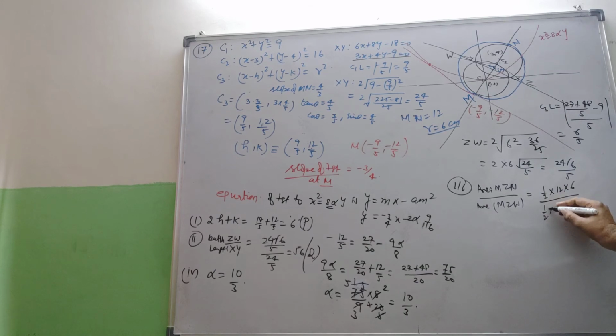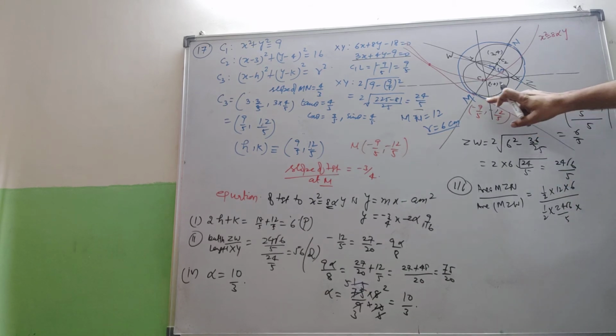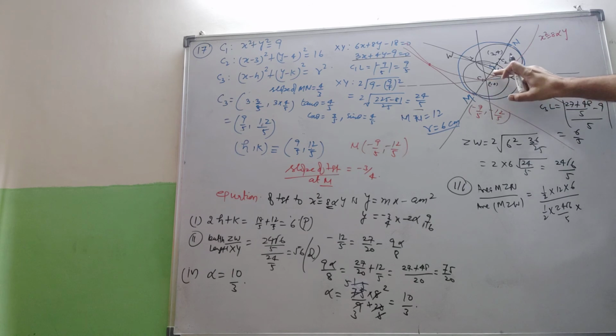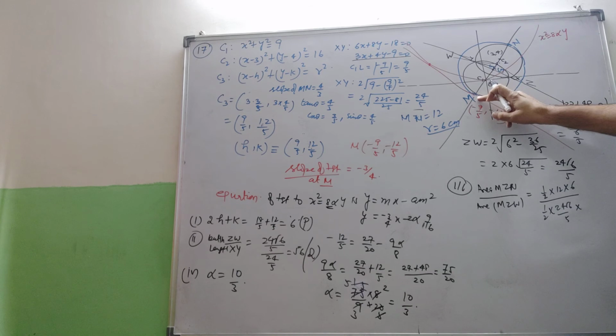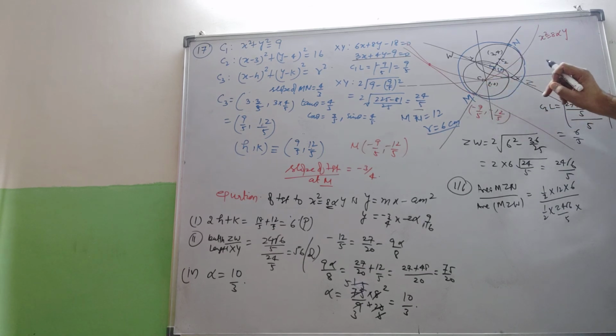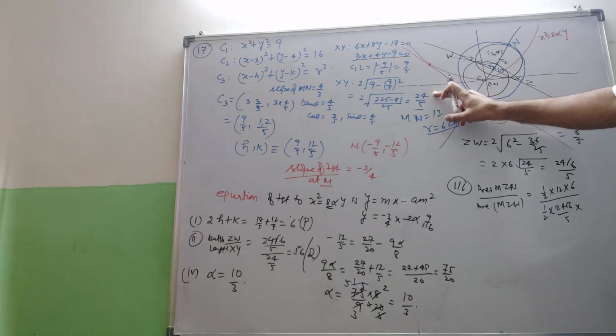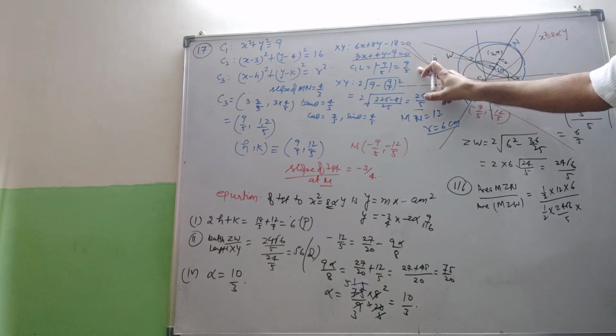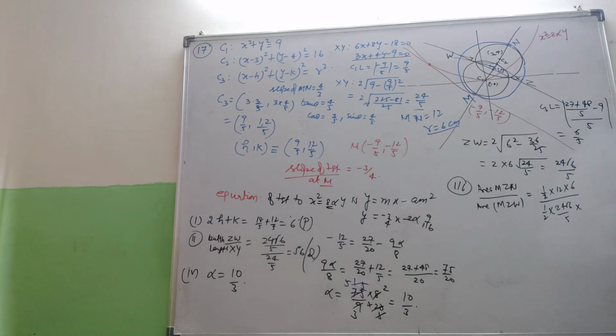ZW is the base, ZW is 24 root 6 by 5, and the length from this to C3, no, it is to L, is 3 plus this distance C1L, 9 by 5. 9 by 5 plus 3 is 24 by 5.